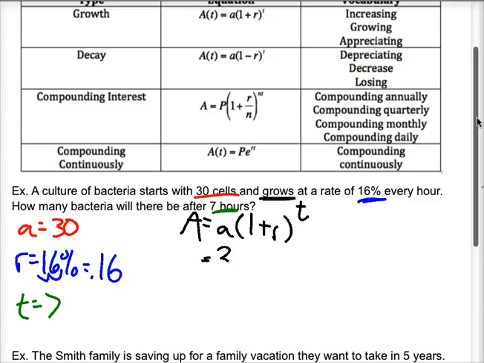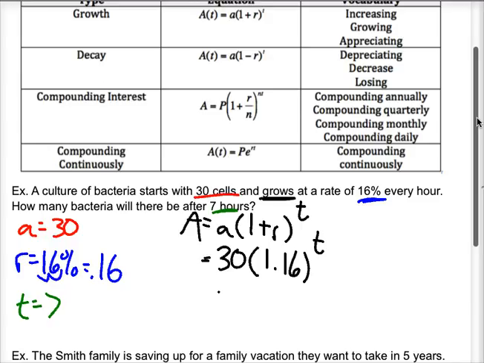So our a is 30 times 1 plus my rate of 0.16, which is just 1.16, to the t. That's going to be my equation.